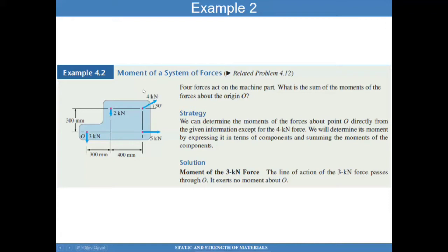The good news is that the force times this distance is known. It's about 700 millimeters, while the x component's perpendicular distance to point O is known and is 300 millimeters. So we can quickly calculate the moment contribution due to each of these forces.